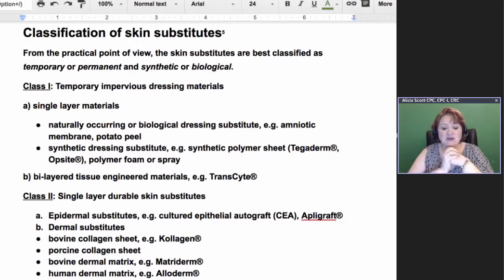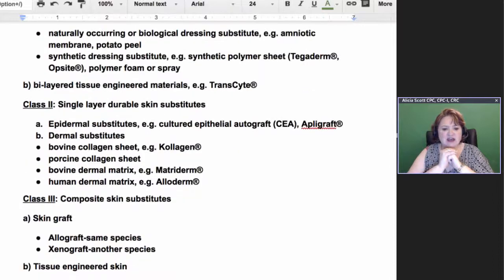Because a lot of times when you're dealing with even HCPCS codes, that needs to be involved. So you've got epidermal substitutes, dermal, you've got lots of bovine and human as well.